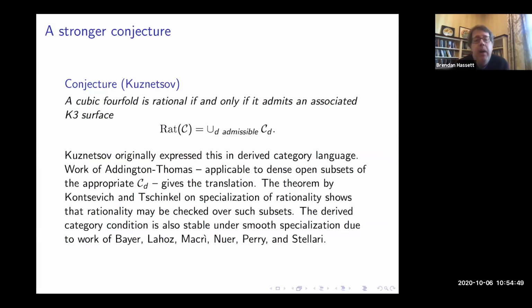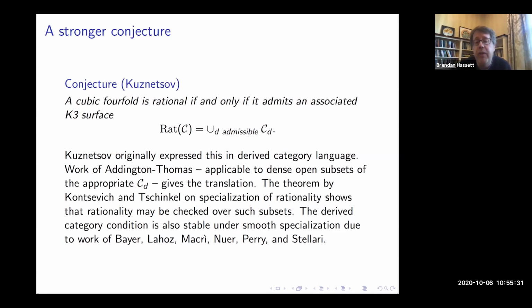This was originally expressed in quite different language, in the language of derived categories: that a certain part of the derived category of the cubic fourfold could be related to the derived category of a K3 surface. And over the last 10 years or so, it's become clear that these different perspectives are in fact equivalent. Addington and Thomas showed that, at least over dense open subsets of the appropriate divisors, the existence of an associated K3 surface is equivalent to Kuznetsov's original description via derived categories.